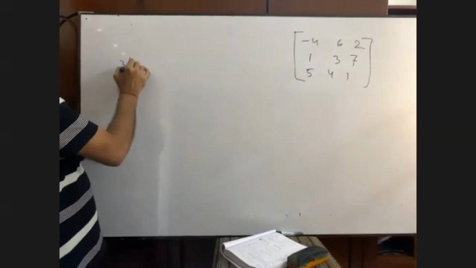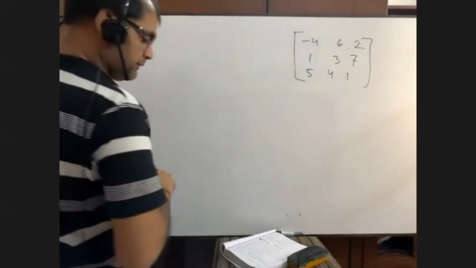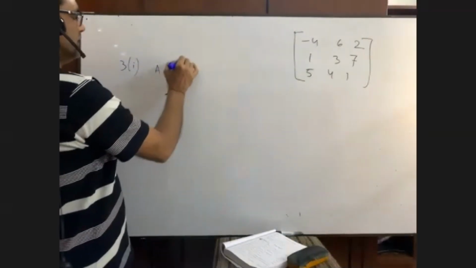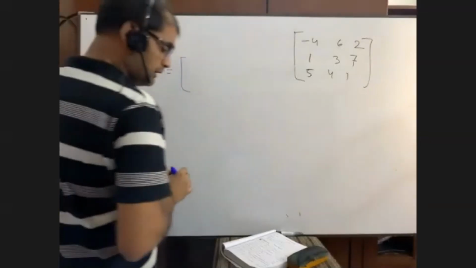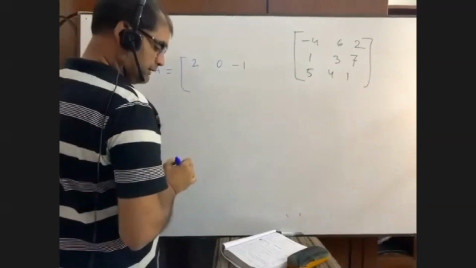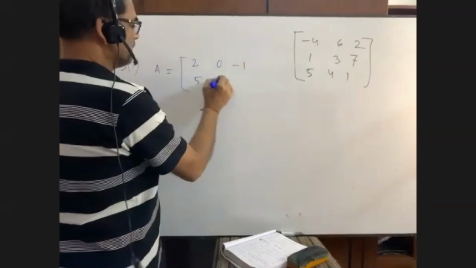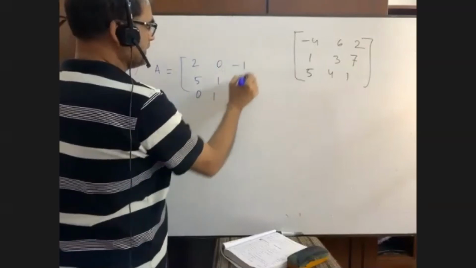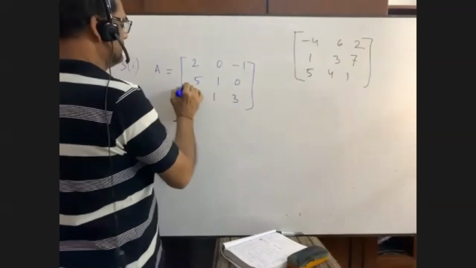Question number 3-1. A is given as 2, 0, minus 1; 5, 1, 0; 1, 3, 0. This is A, okay?